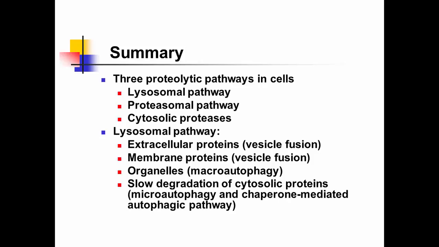And the second pathway is the proteasome degradation pathway. The proteasome has a specific structure, right? You have a core and then the regulatory particles. And the proteasome specifically degrades proteins through the ubiquitin mechanism.